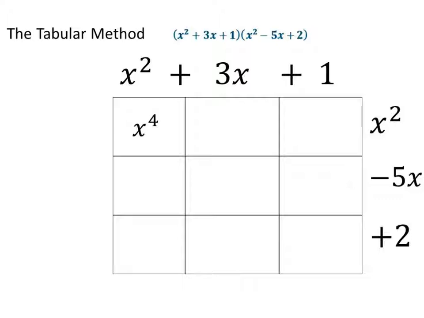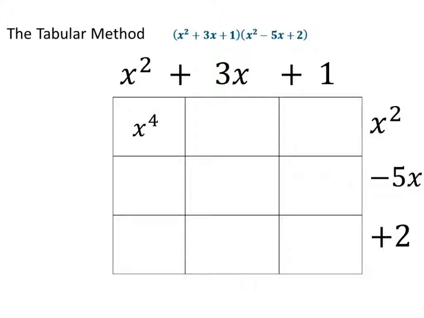So we're going to continue the process by multiplying x squared times 3x. Remember, we multiply the coefficient 3 times 1. When there's nothing right here, it means there's a 1. So 3 times 1 is 3.